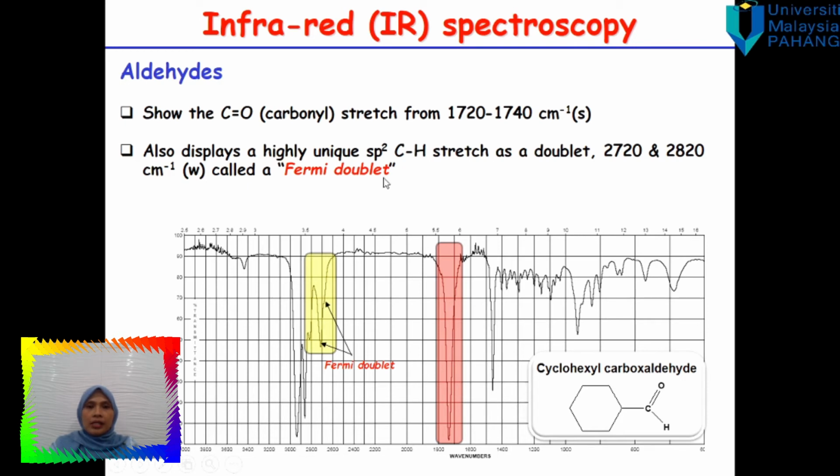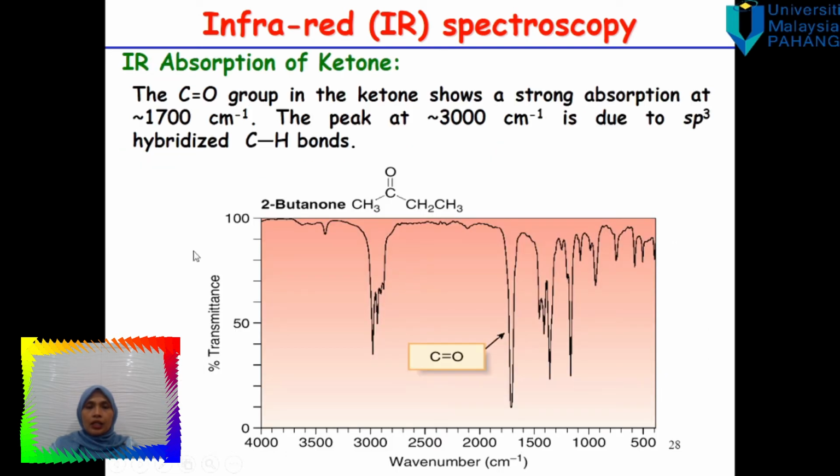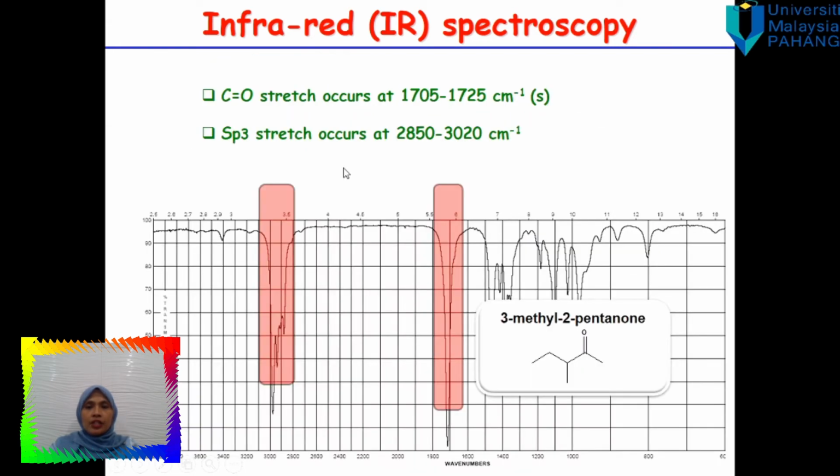for C-H sp2. We can see a doublet here. So the Fermi doublet for the C-H sp2 shows the presence of aldehyde. And ketone, they have no Fermi doublet, so the typical signal is the C=O and the sp3 C-H in the normal region, less than 3000.